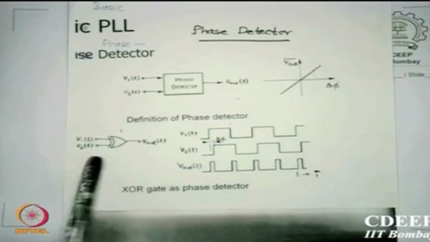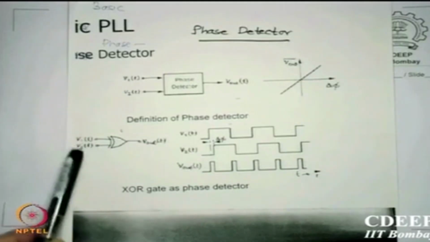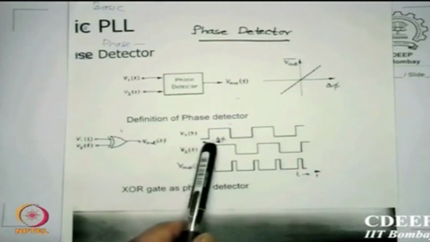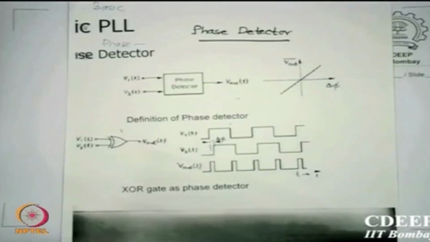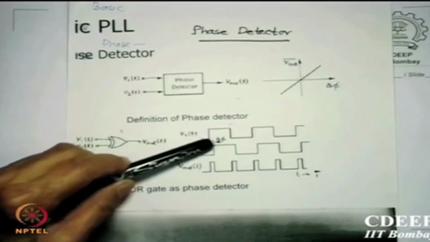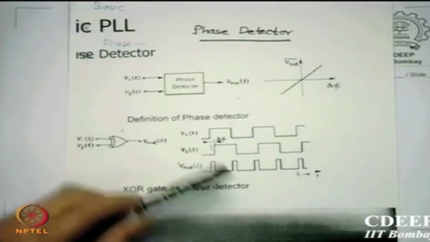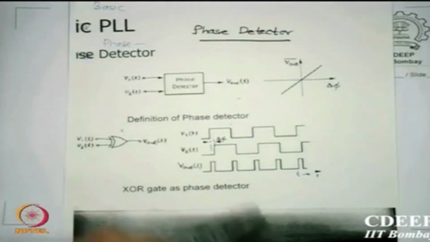Okay. A typical phase detector could be as simple as an XOR gate. If you have two signals V1, V2 in this square form, you can see this is an XOR. So whenever they are not the same values, the output goes 1, otherwise they are zeros. Since there is a jitter between these two, at this frequency this is 0 but this is 1, so it rises, it becomes 1.